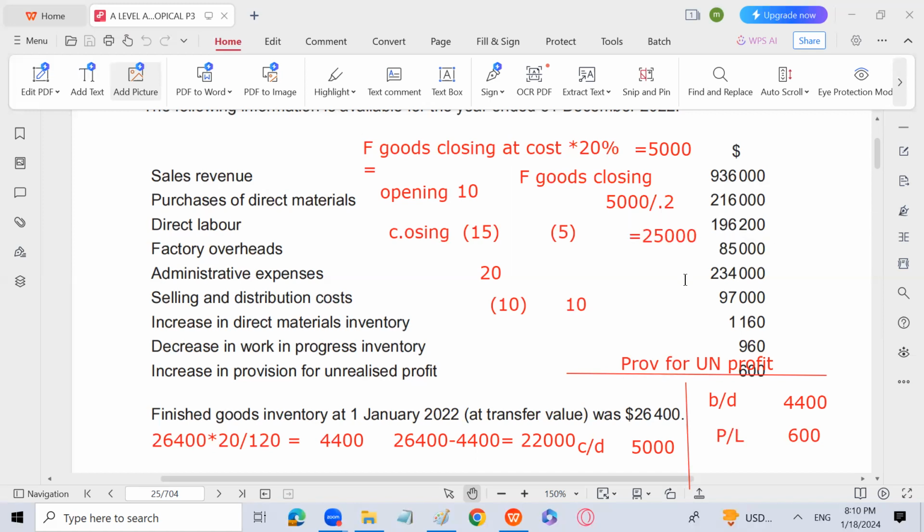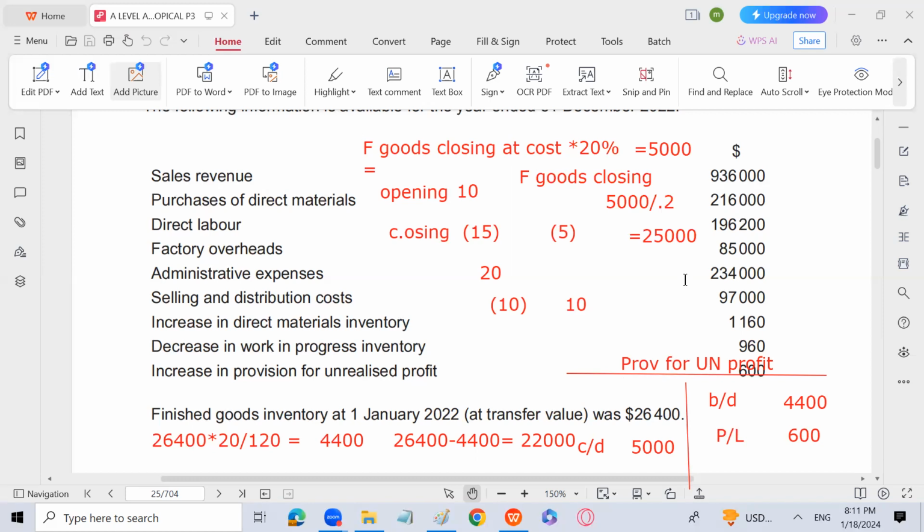So 25,000 is the answer of finished goods closing at cost. But I need finished goods closing at transfer price. That's very simple. We will add 25,000 plus 5,000. We will get finished goods closing at transfer price, which is 30,000.